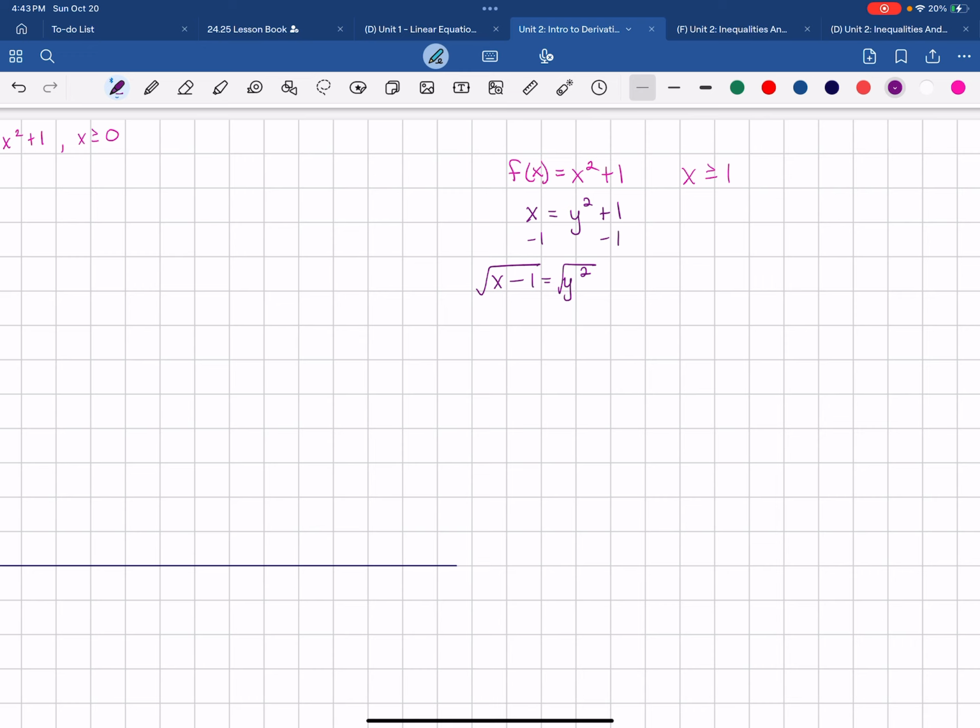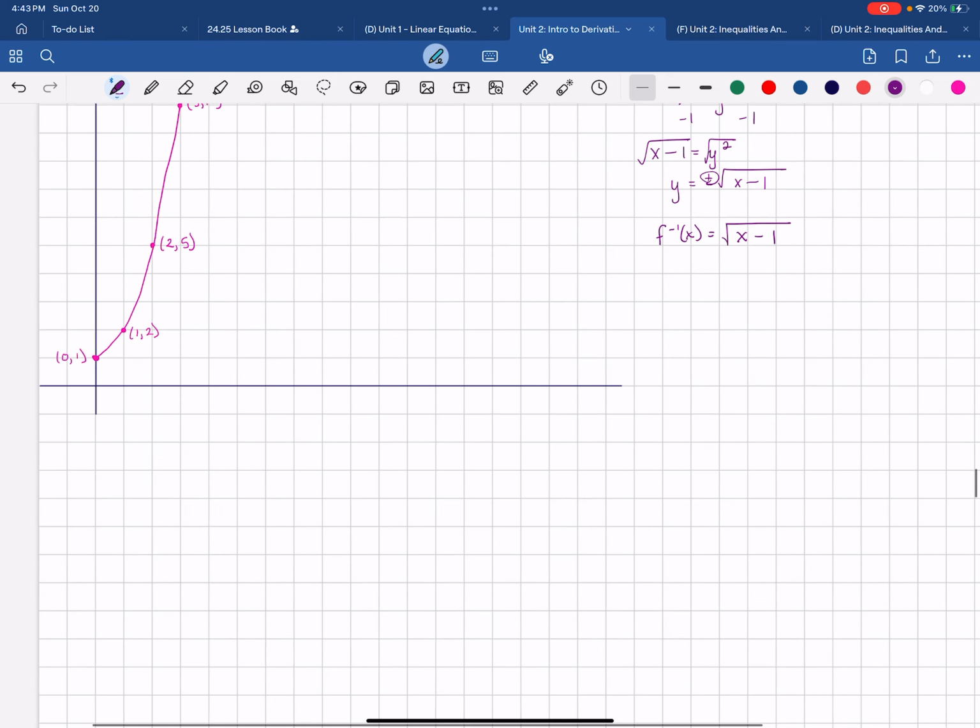You'll notice that we get y equal to plus or minus the square root of x subtract 1. But since we restricted our domain to be all the values greater than or equal to 0, what we need to do here is have our range be all the values greater than or equal to 0. And so our f inverse of x is only going to be this positive version.